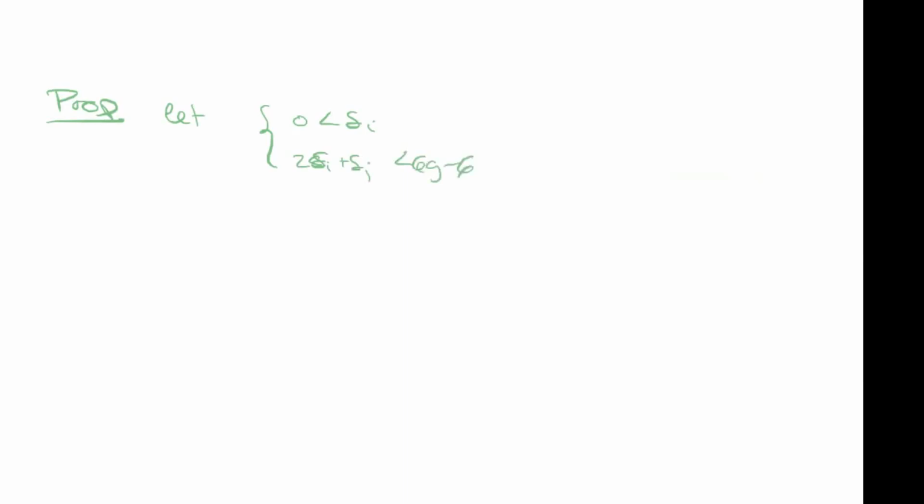If we have the appropriate range of delta i's, then there exists a vector bundle over Z delta 1, delta 2, 1, 1, 1, parametrizing.